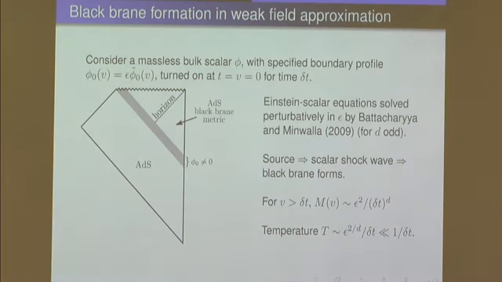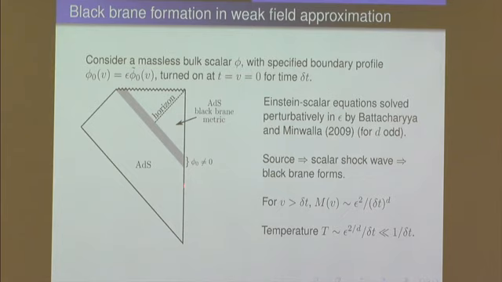Okay, so now let's study this in more detail. Bhattacharya and Minwalla studied the model in more detail. They did a self-consistent analysis where they made a collapsing null shell from a massless bulk scalar field.